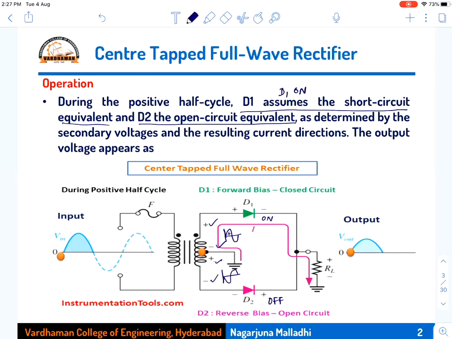So this is plus, this is minus, this is minus, this is plus. Now the first half cycle is nothing but 0 to pi in this case, and here also it is 0 to pi. So simultaneously for both the diodes, the first half cycle is coming.